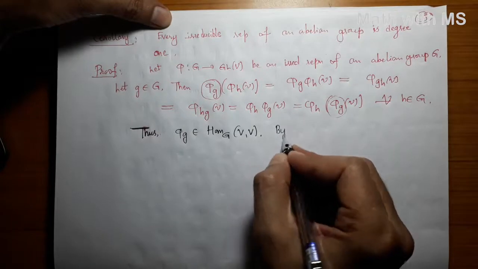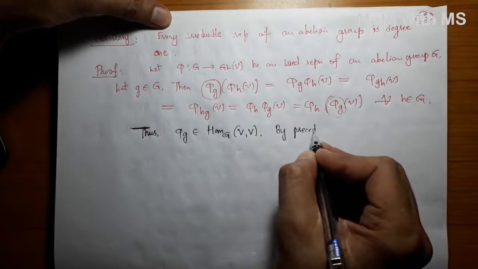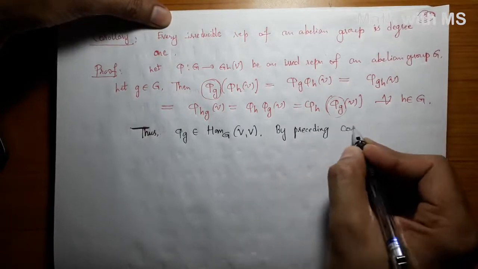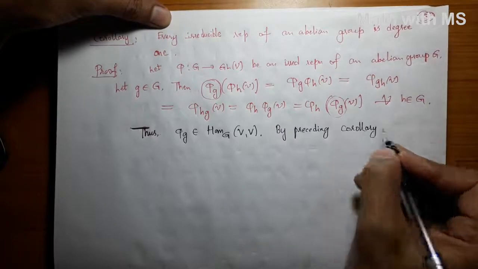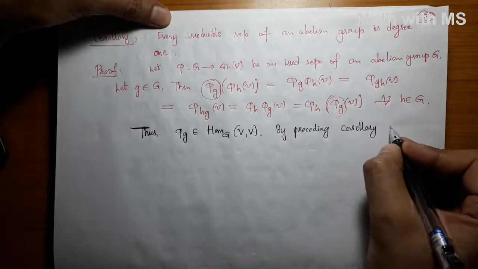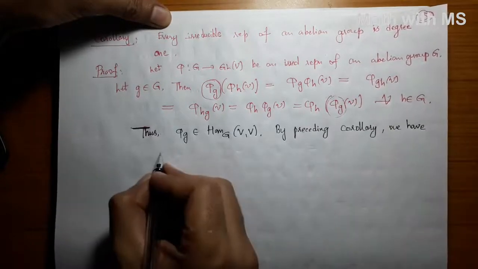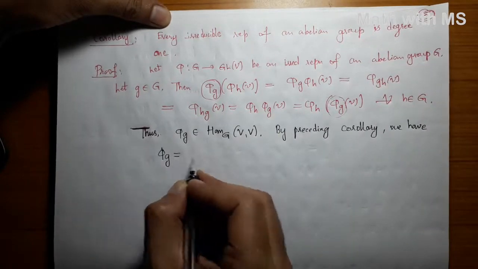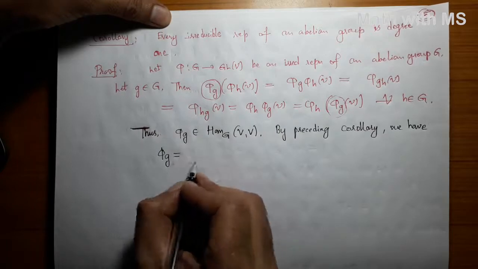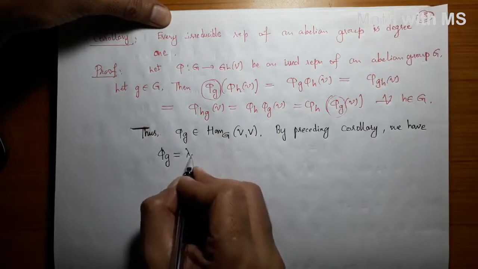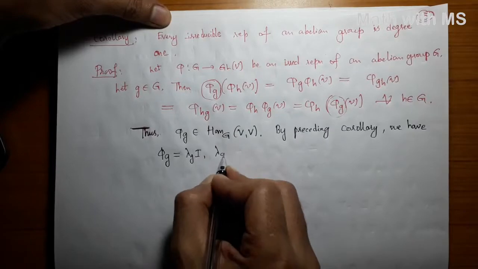So by the preceding corollary, we have that this phi g should be a scalar multiple of identity. Because the scalar will depend on the group element, let us call it lambda g times identity, where lambda g is a scalar.